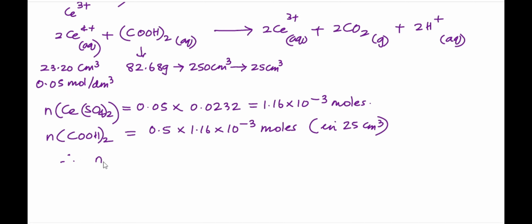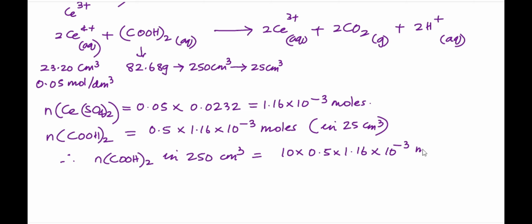Therefore, n of (COOH)2 in 250 cm cubed is equal to 10 times of this, that is 10 times 0.5 times 1.16 times 10 to the power of minus 3 moles. That's equal to 5.80 times 10 to the power of minus 3 moles.